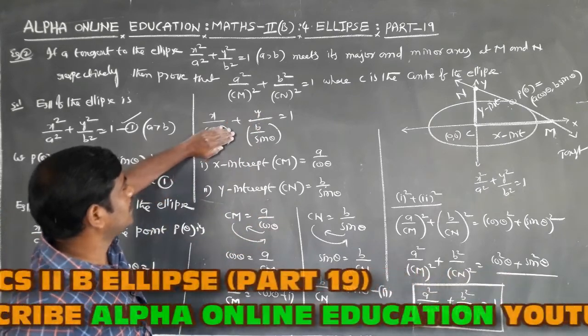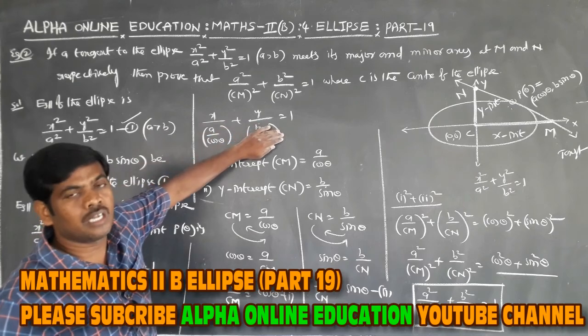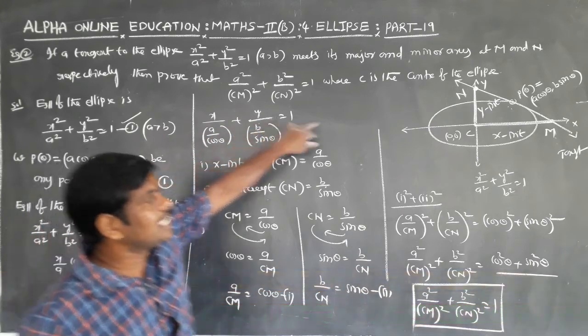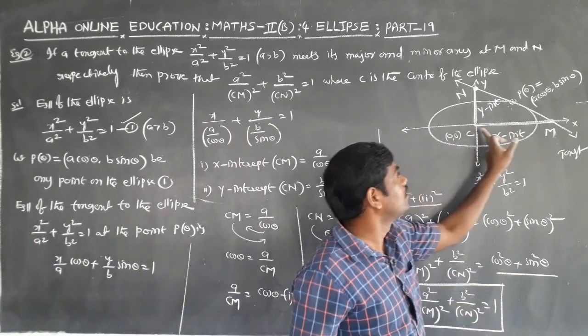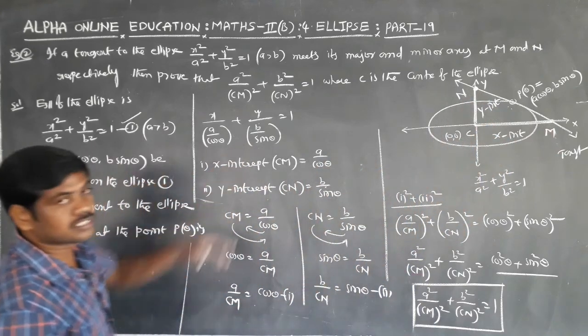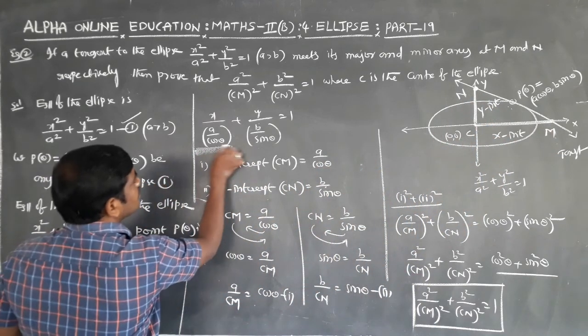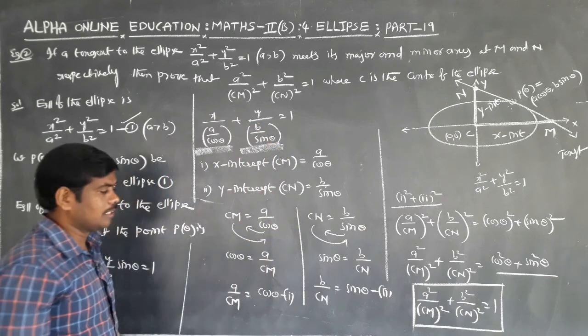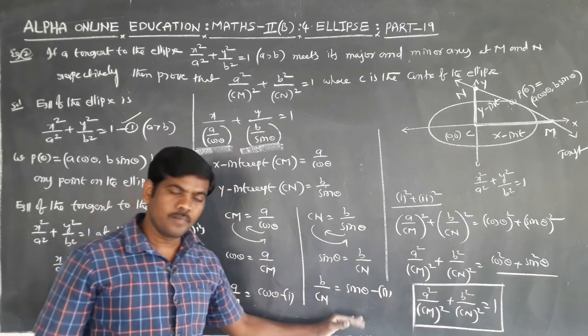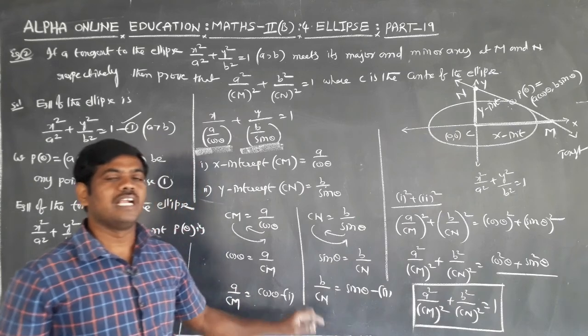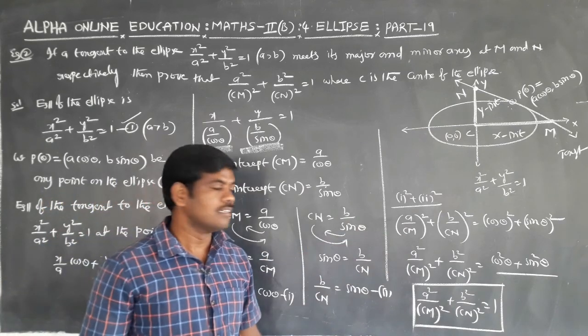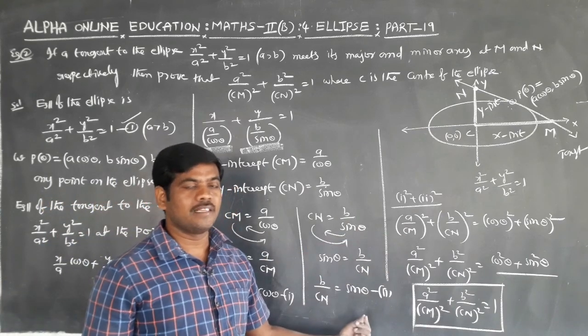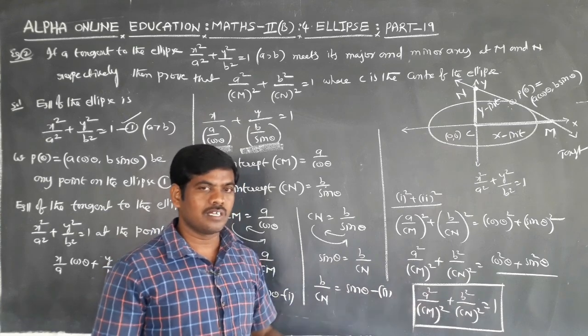This is the x-intercept, CM, and this is the y-intercept, CN. Then find the cos theta and sin theta values, eliminate theta by squaring and adding, and simplify. This is the answer.